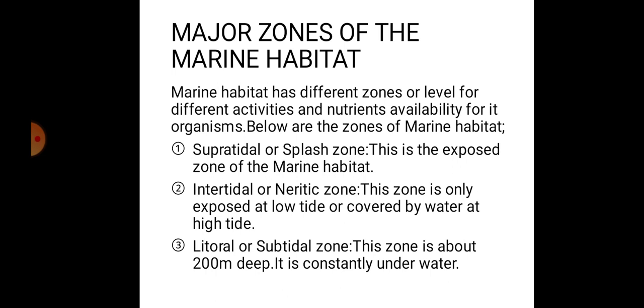Such a zone is called the neritic zone, and it has high photosynthetic activity because of abundant sunlight. So that is what we call the neritic zone or intertidal zone.